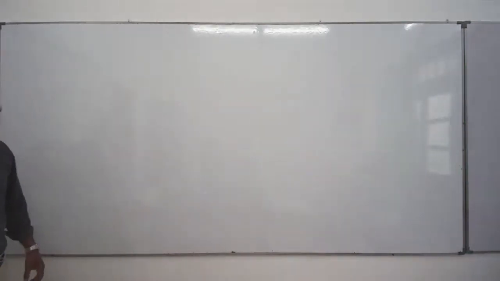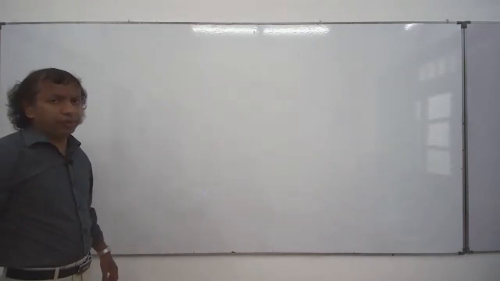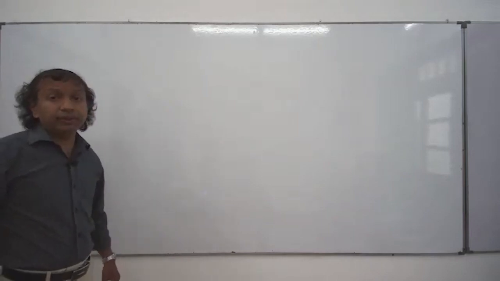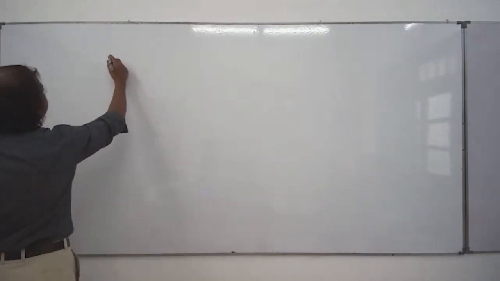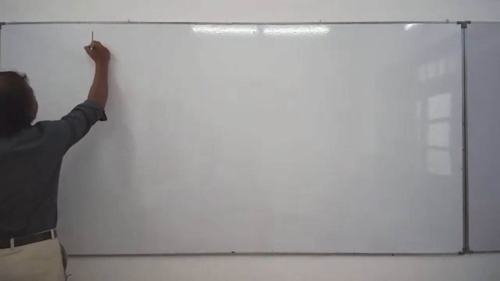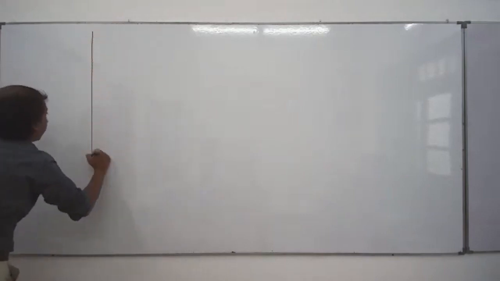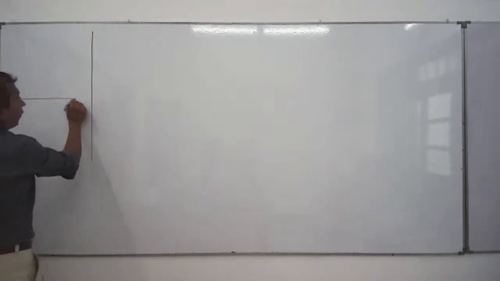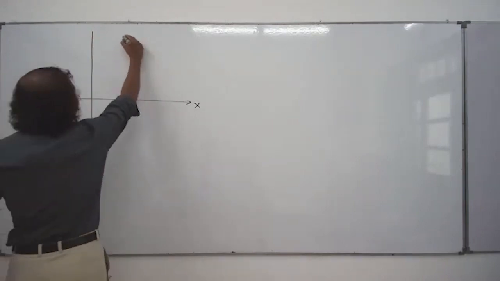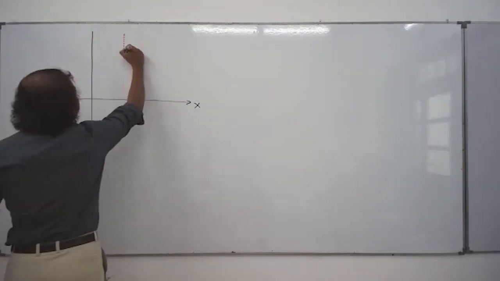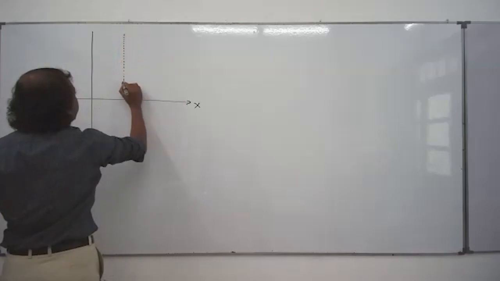Right. Now, people, I am going to draw a graph which has all the properties. Say the graph like this. This way, we have a vertical dotted line.